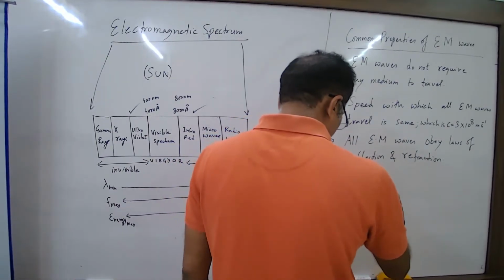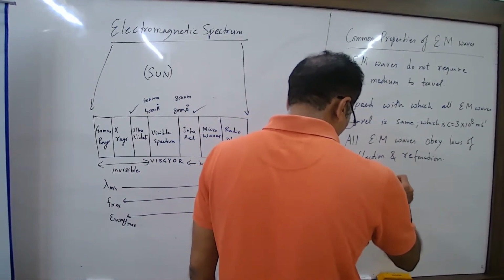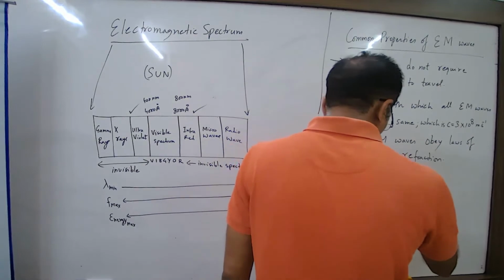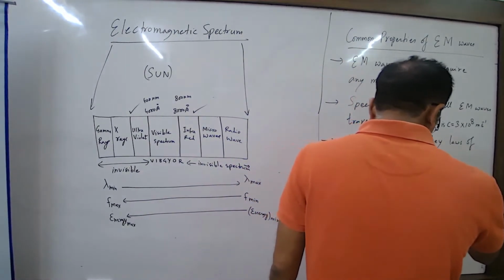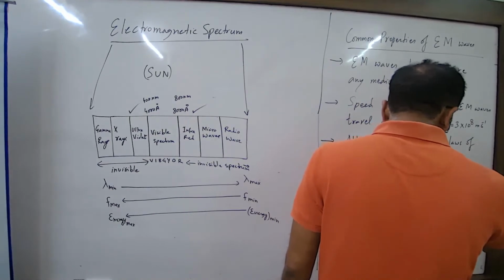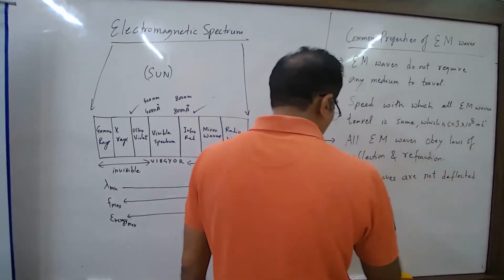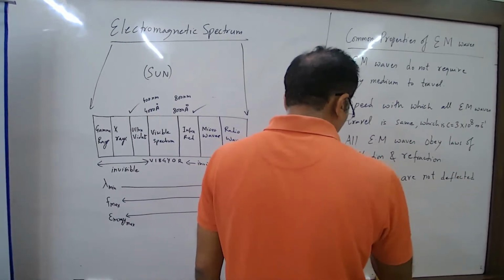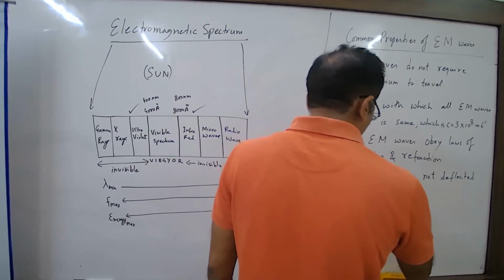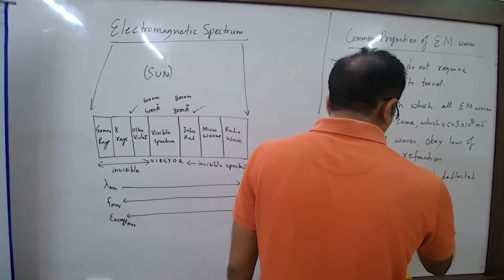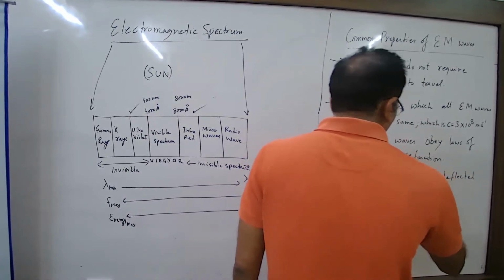So EM waves are not reflected by electric and magnetic fields.